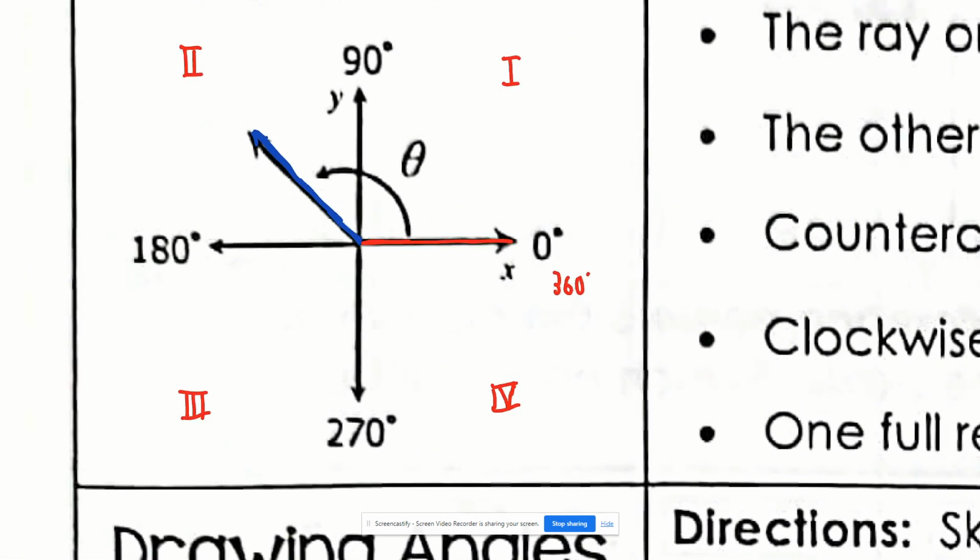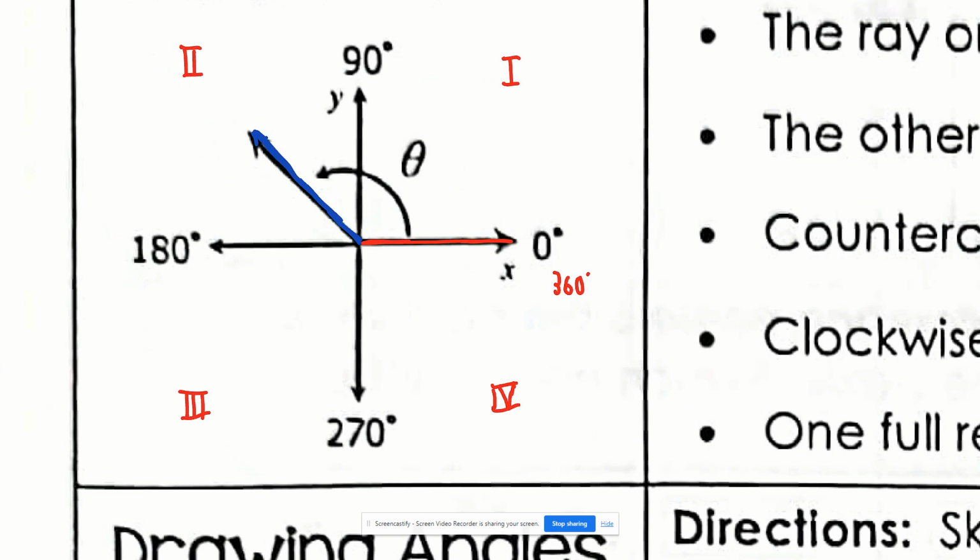If I said negative 90 degrees, where do I start? Same place, right? The positive x-axis. But if I want to go negative 90 degrees, which way do I go? Clockwise. And it lands me where? On the same line that's 270 degrees, right? So could you say that 270 degrees and negative 90 degrees is equivalent?